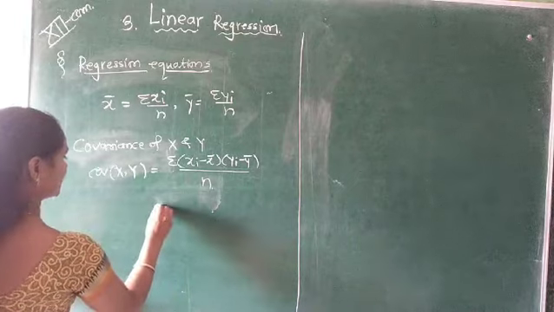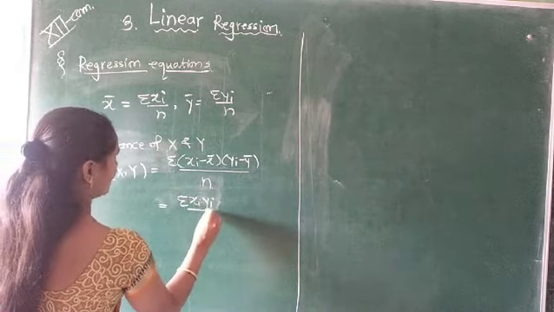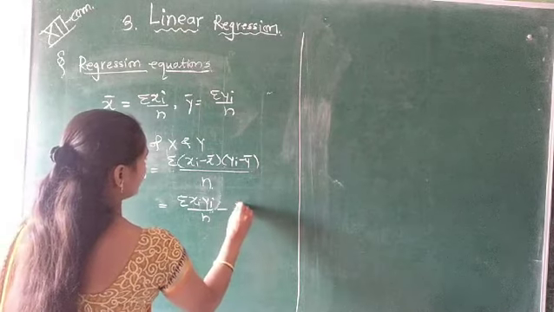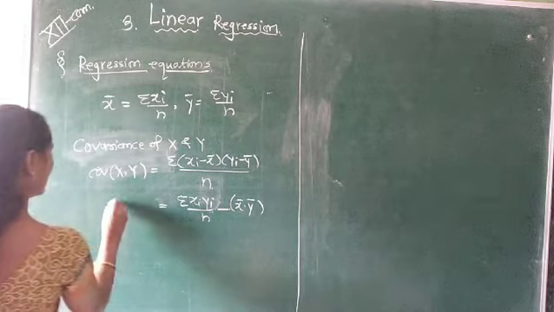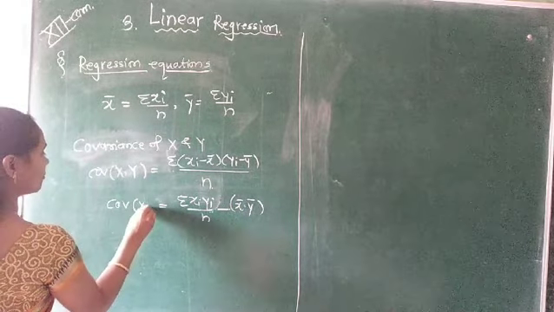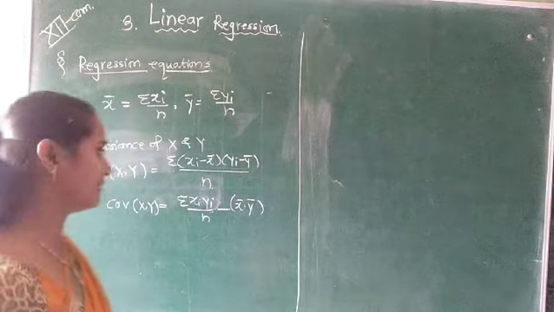The second formula for this is summation xi yi upon n minus x bar into y bar, the product of x bar and y bar. This is the formula for covariance of xy, which we already studied in our 11th standard.